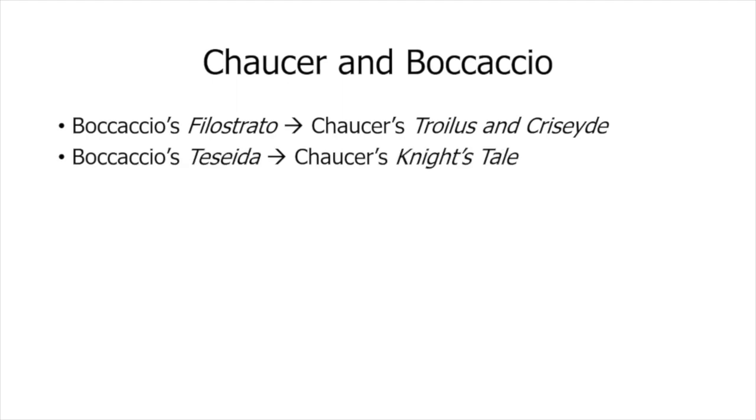Another example would be Boccaccio's Teseida, which is a story about the House of Thebes, the ancient Greek House of Thebes, which is a story of war, civil war, murder, and it's really a horrible story, full of bloodshed and strange twists of fate.